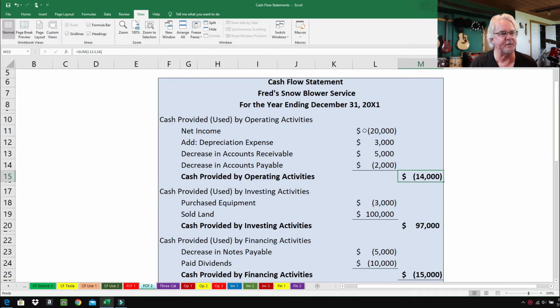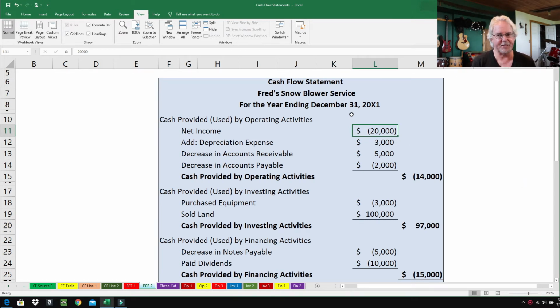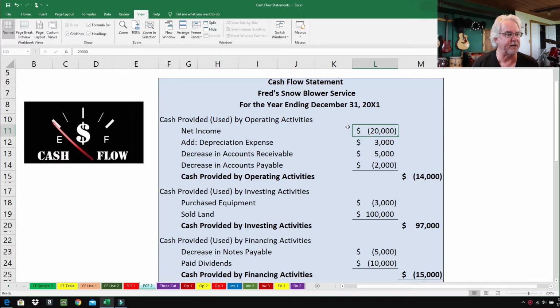His net income is negative also, and you would expect a correlation between net income and operating activities. And there seems to be, they're both negative. Net income is calculated on the accrual basis. We're trying to match expenses with revenues and recognize revenues in the period that they are earned. And it looks like that is negative also. So Fred is not doing so well.